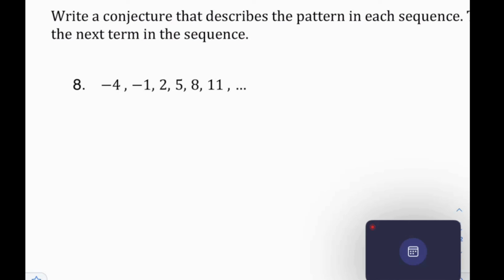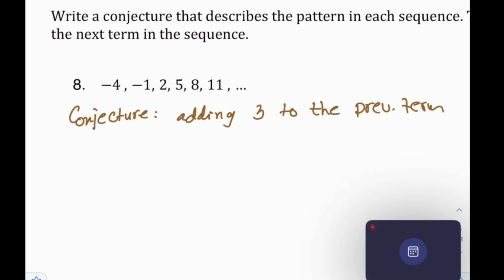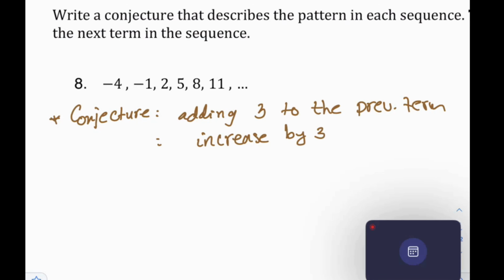So we can say that our conjecture is adding 3 to the previous term. Or you can say it in a different way, increase by 3. Or we can say each term in the pattern is 3 more than the previous term. Any description of what has happened is acceptable here.